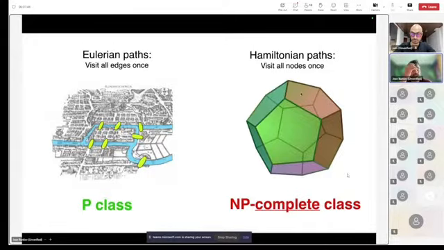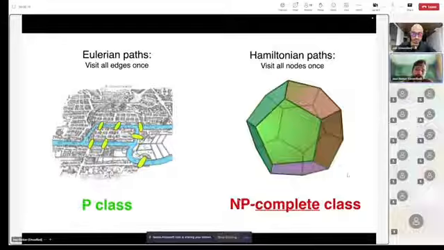These types of problems, where we cannot find a better way than just trying all possibilities, we cannot be smart, are called NP complete. So NP means non-polynomial in the sense that we don't know a polynomial procedure to find a solution. However, if I tell you this is a solution, you can check easily. It takes a very short amount of time to at least check that a solution is indeed a solution or not. And these are called complete.